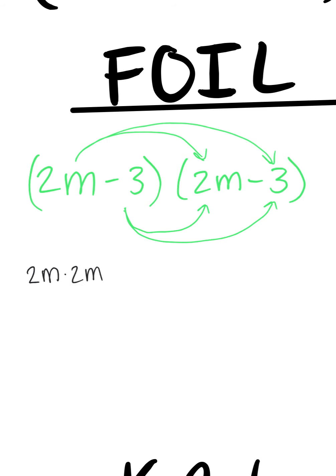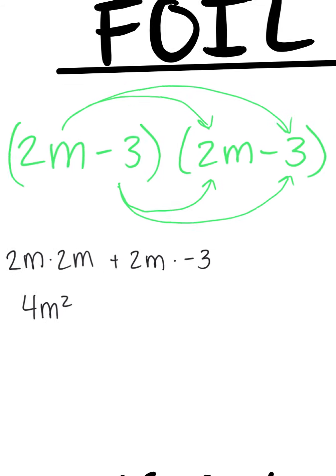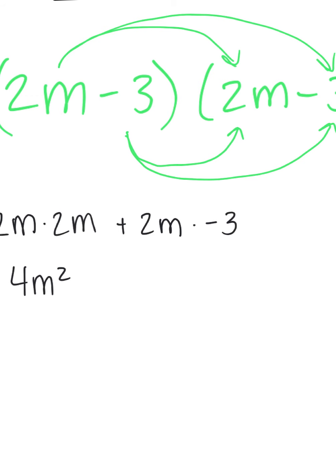What do you think it is, Tessa? 4m squared. Good. How'd you get that? Well, 2 times 2 is 4, and when you're multiplying two of the same variable together, you get that variable squared. 2m times negative 3. Angelina.